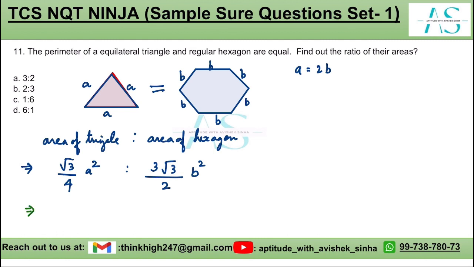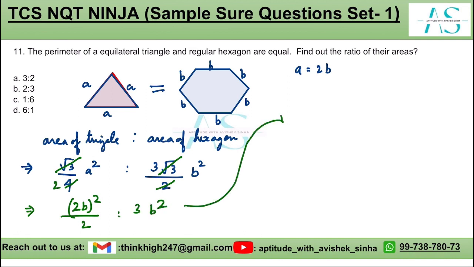So root 3 cancelled. Then we have 4 cancelled as 2. And in place of A, I can write 2B. So this is 2B whole square upon 2, and this is 3B square. Let me further simplify this quickly. This is 4B square upon 2, and this is 3B square. B square cancelled. This is simply 2:3 as our ratio.